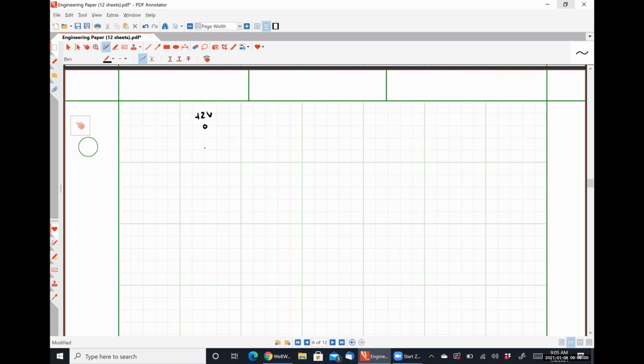2 volts applied to some resistor, RC, with a value of 100 ohms. We're trying to find the value of the output voltage. And here we're applying some voltage VBE. So let's say for this guy that IS is equal to 3 times 10 to the minus 16 amps.